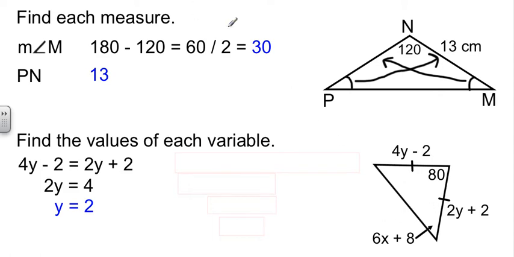Now, again, since I know the sides are congruent, that tells me these two angles here are congruent. I have 180 degrees total.